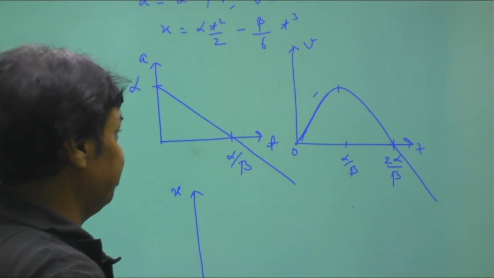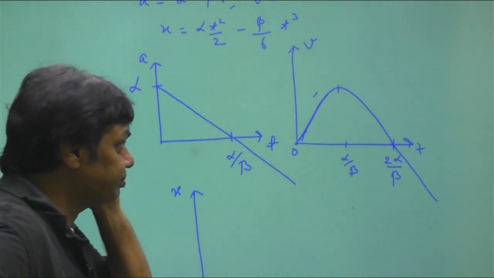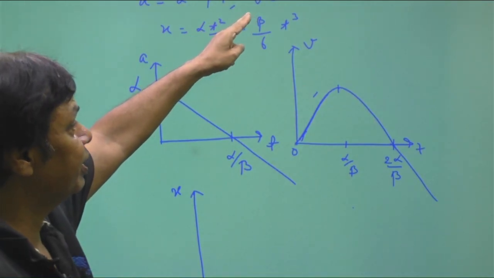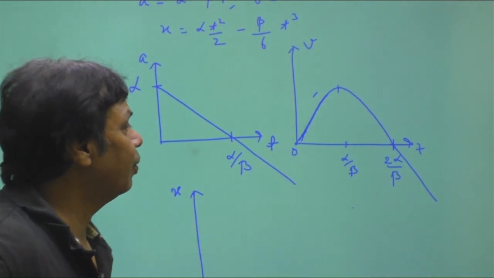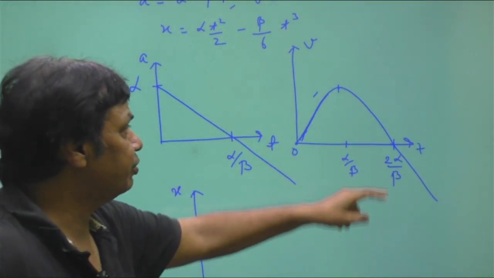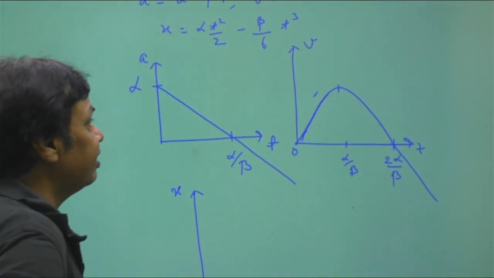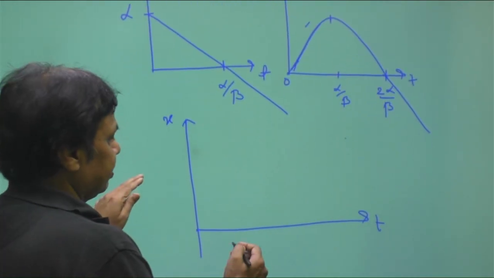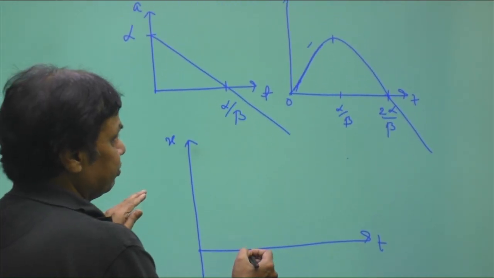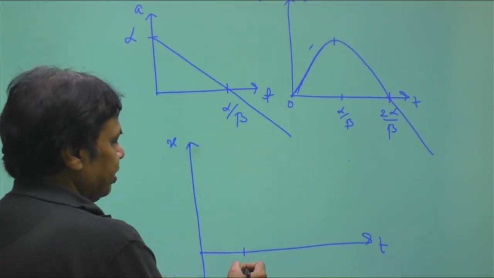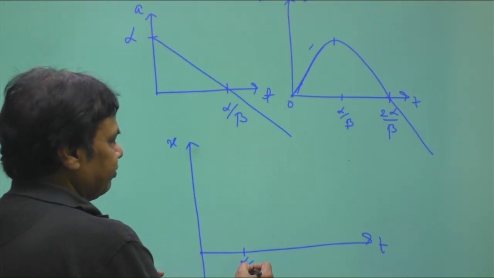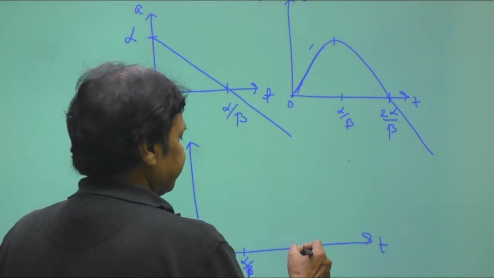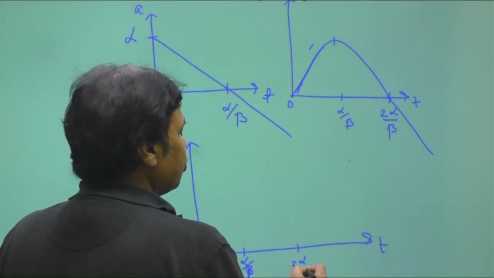And you know a few things, like dx by dt is equal to 0. Velocity is equal to 0. Velocity has a maximum value at alpha by beta. Can you see both graphs? Velocity is maximum at alpha by beta, and velocity is 0 at 2 alpha by beta.